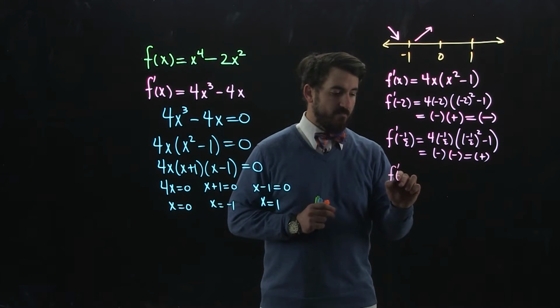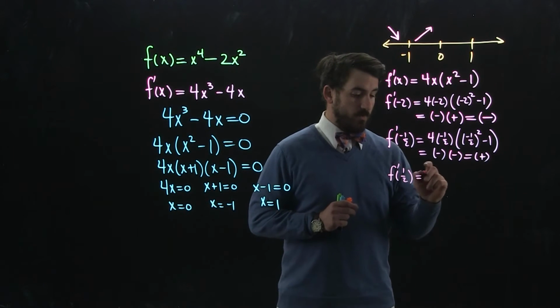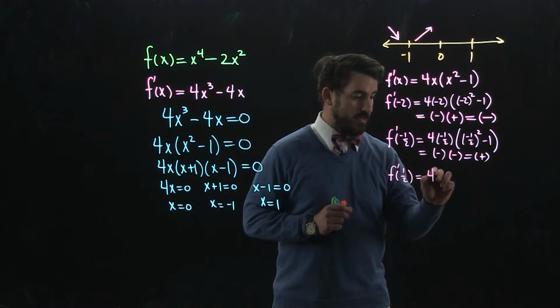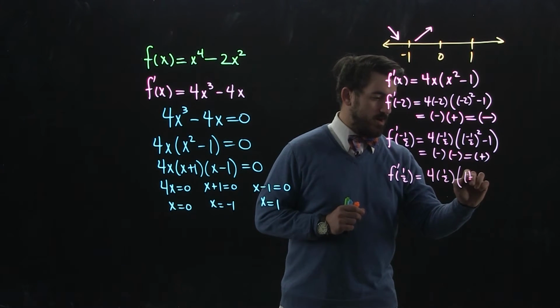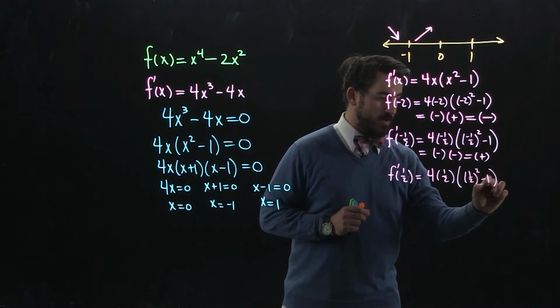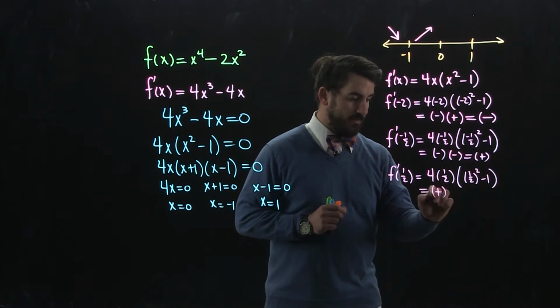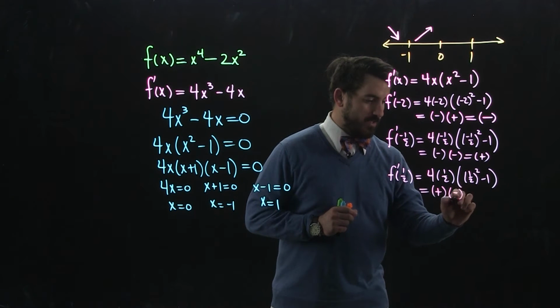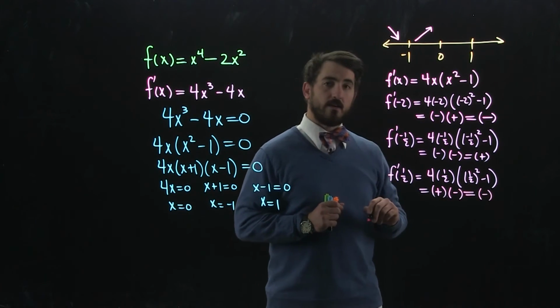Next, we will have f prime of 1/2. And so then we're going to put this in, 4 times 1/2 times 1/2 squared minus 1. And so the first factor is going to be positive. The second factor is going to be negative. So that makes this negative on the interval.